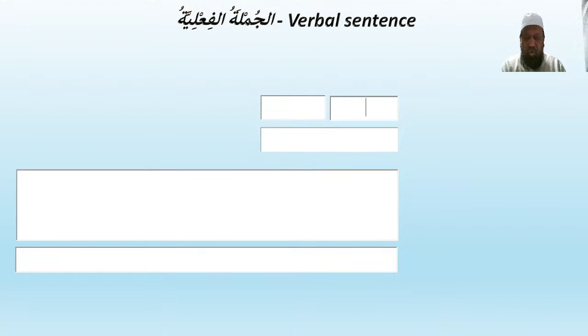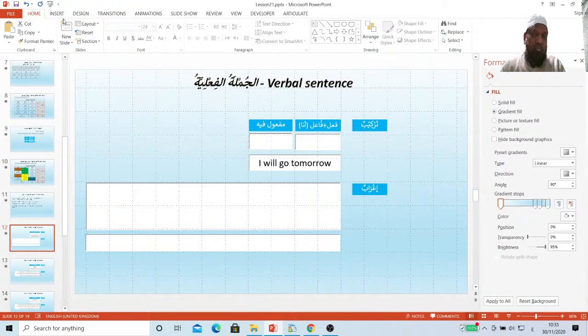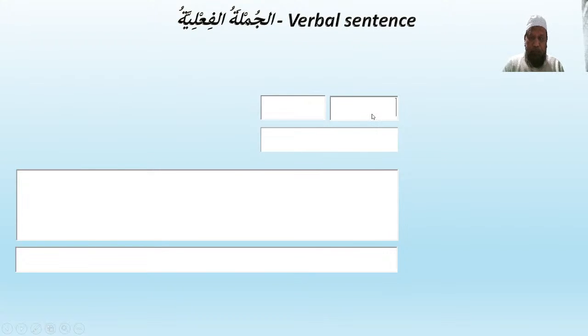So I'm going to use the letter sin first. This is the sin we're talking about. The sin is always with the fatha: sa. It gives us the near future meaning.